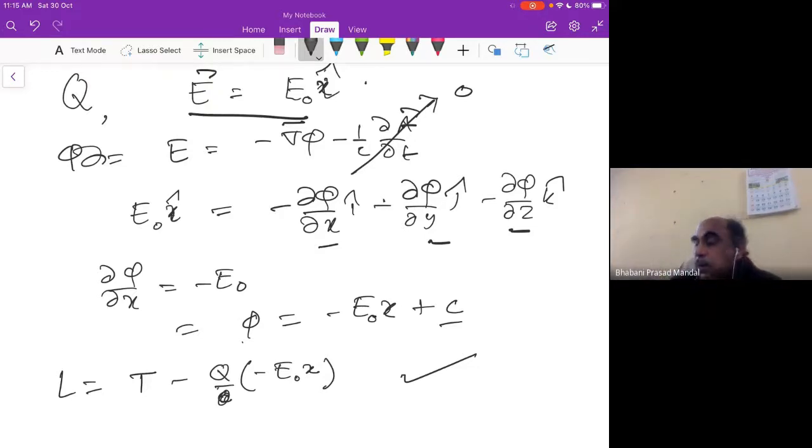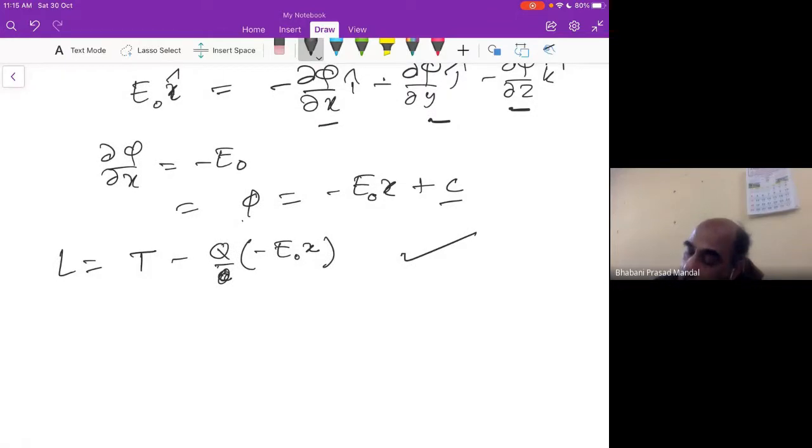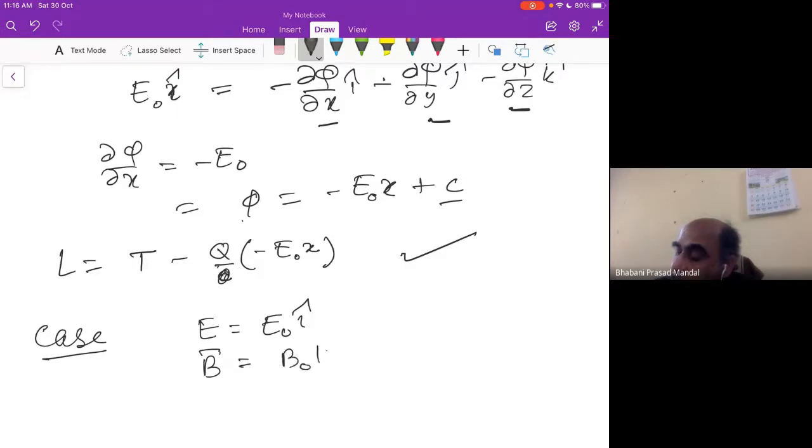We will consider more examples. Similarly, you can have both. Suppose case 3, you have an electric field E0 in the i direction, and also you have a magnetic field B0 in the k direction, both.